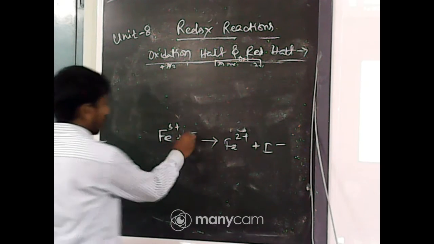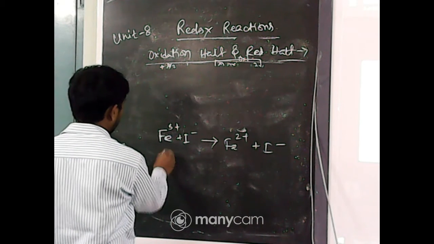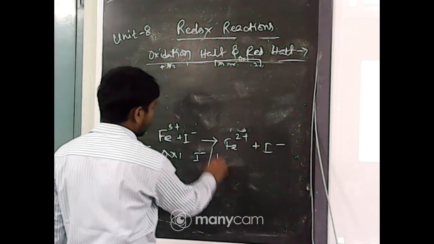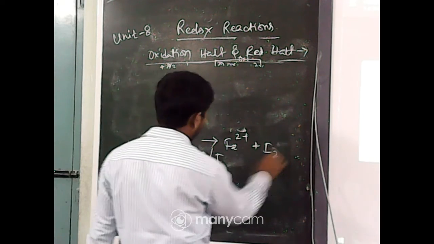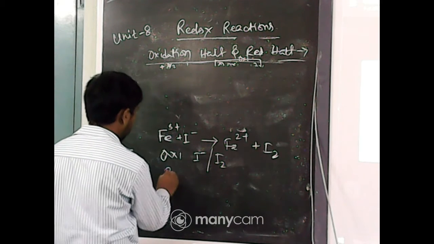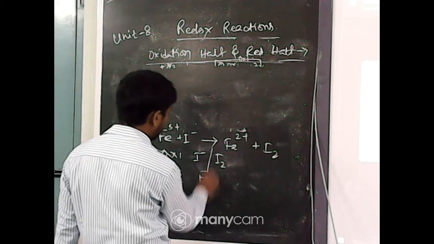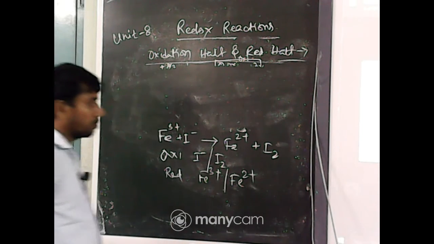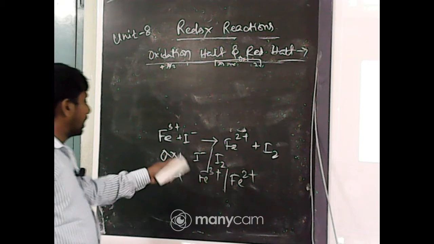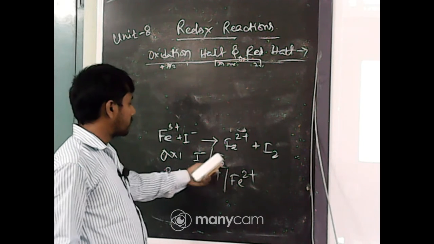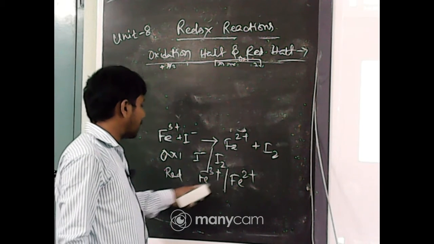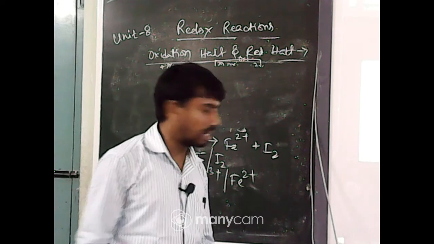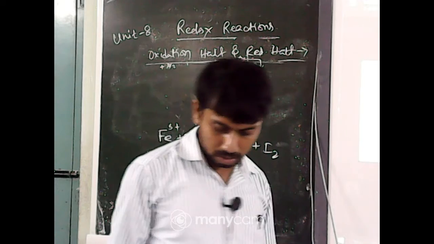The oxidation couple is I2/I-, and the reduction couple is Fe3+/Fe2+. So it indicates that in the reaction I- is converted to I2 and Fe3+ to Fe2+. It is also called the oxidation or reduction couple.